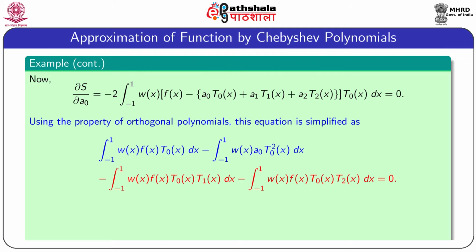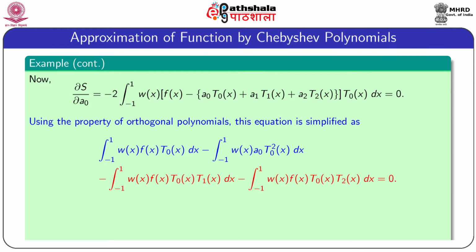After simplification, the first term becomes the integral of w(x)f(x)T0(x) dx, and the second term is the integral of w(x) a0 T0(x)² dx. The third term is the integral of w(x) a1 T0(x)T1(x) dx, and the last term is the integral of w(x) a2 T0(x)T2(x) dx, equal to 0.